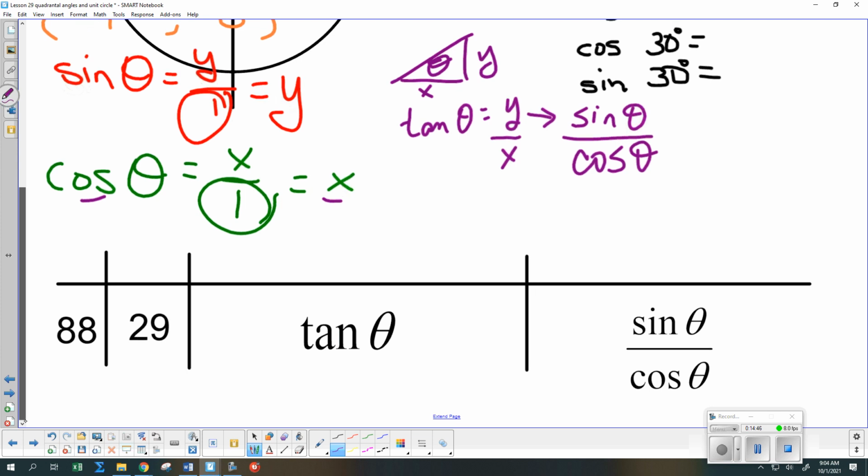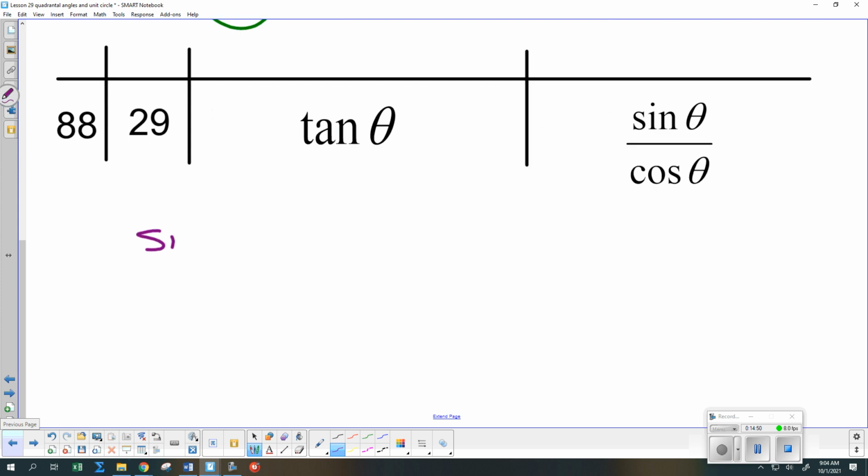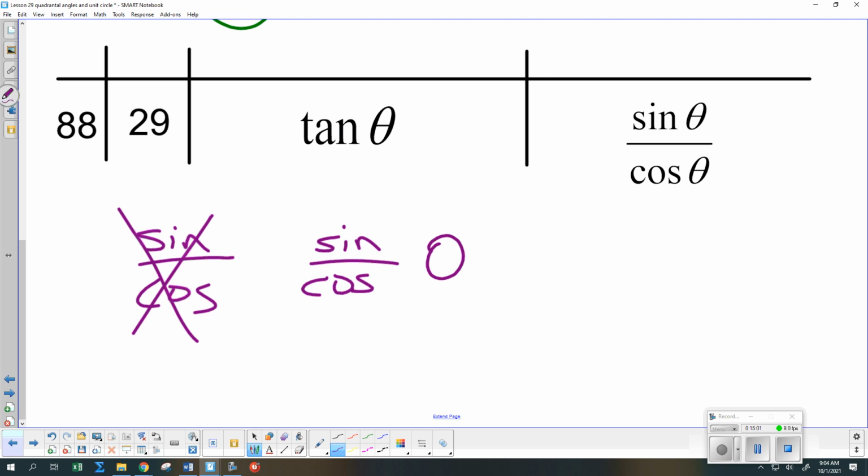It is not okay, other than scratch work, to ever just write what I said, sine over cosine. It is also not okay to say sine over cosine of theta. When you say the tangent of theta, it's the sine of the angle over the cosine of the same angle.